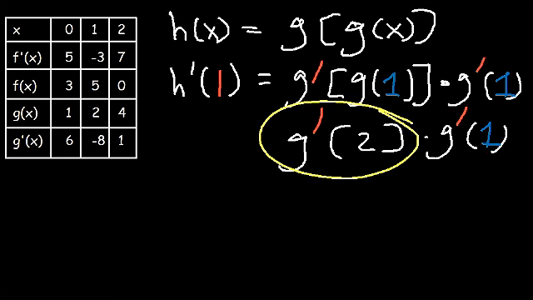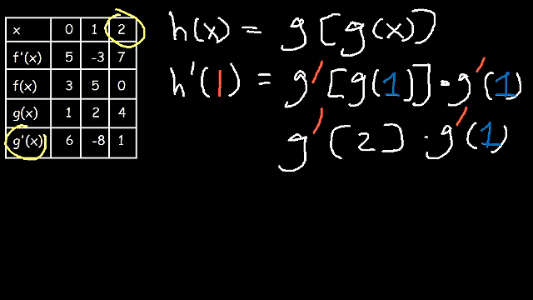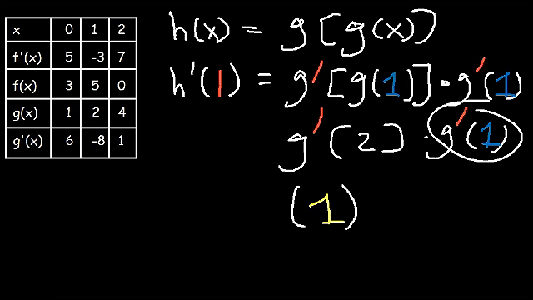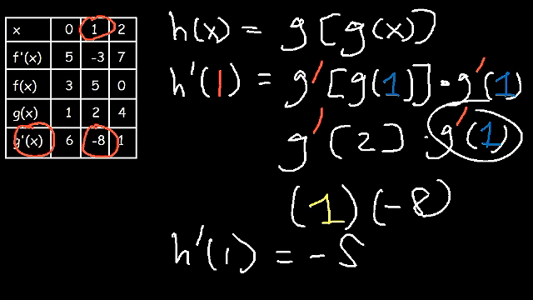So g prime of 2, when x is 2, g prime is equivalent to 1. So let's put a 1 here. Now, what's g prime of 1? So when x is 1, the g prime is negative 8. So this is 1 times negative 8, therefore h prime of 1 is equivalent to negative 8.